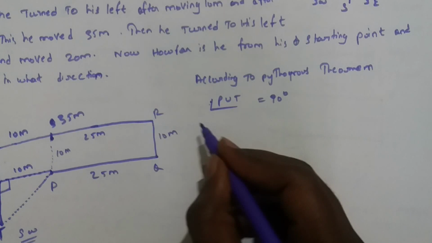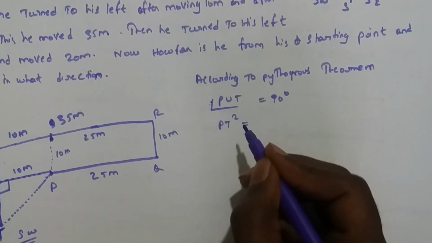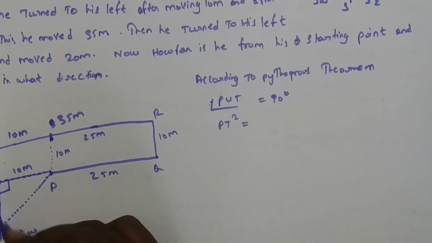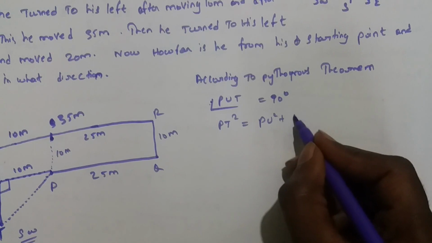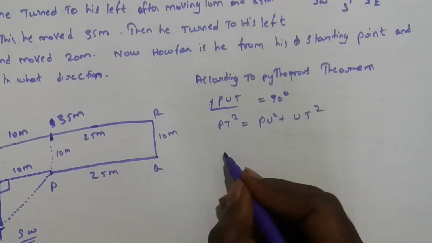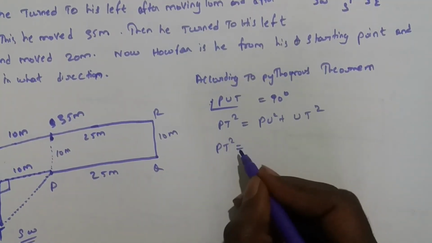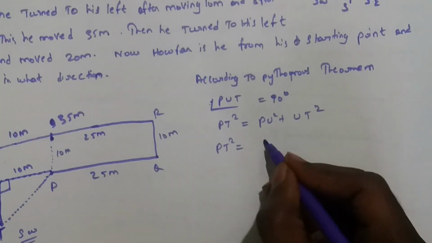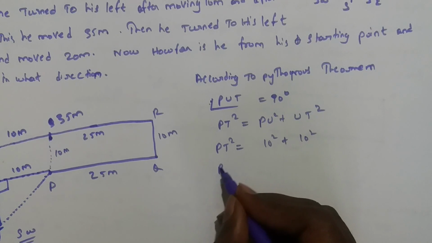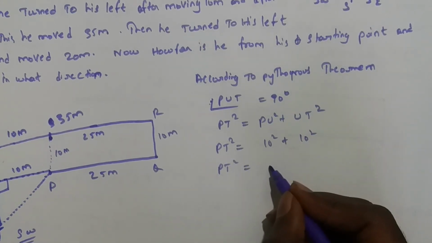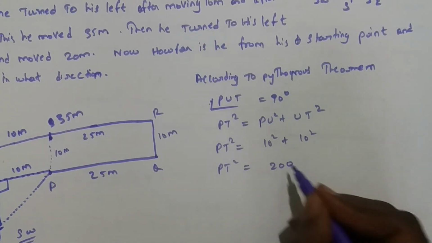The diagonal square here is PT square, and the sum of the squares of the sides is PU square plus UT square. PU square is 10 square, UT square is 10 square. Then PT square is equal to 100 plus 100, which is 200.